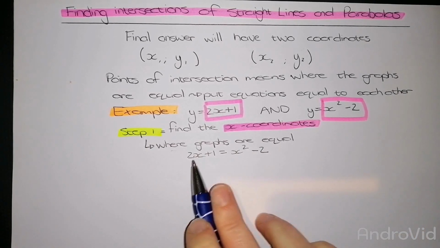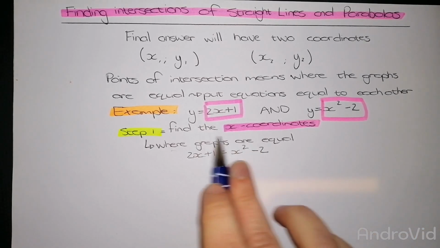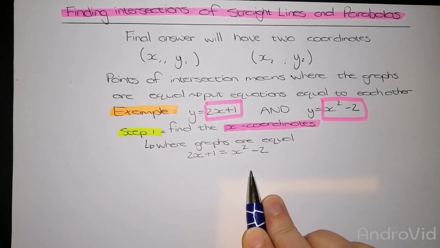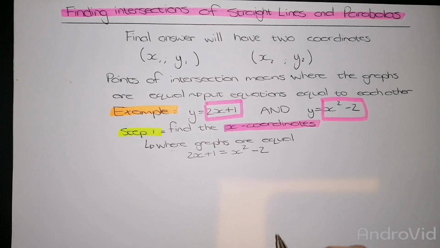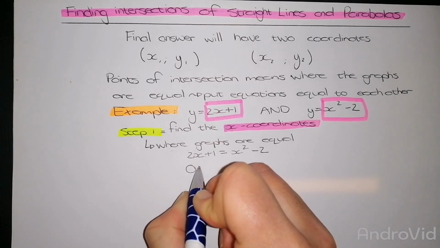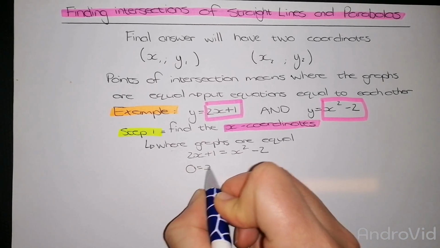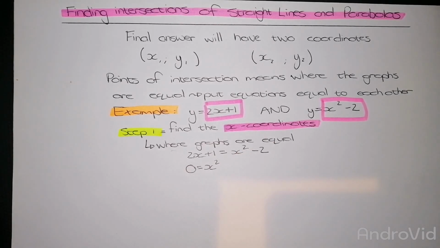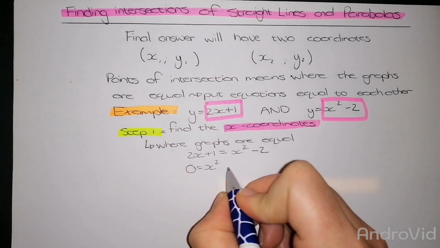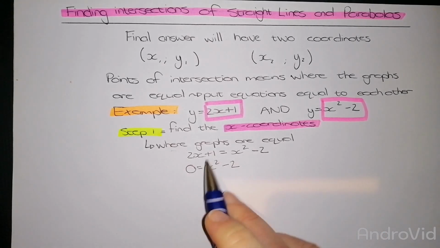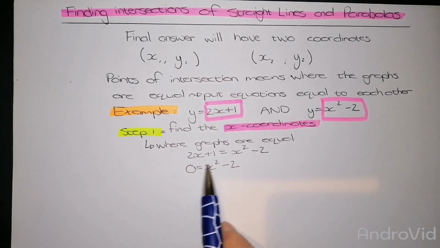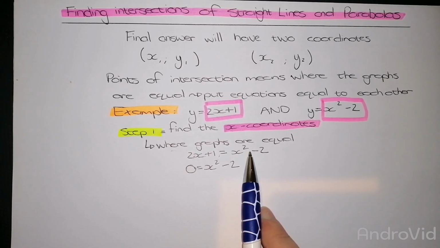For me to find an x value, I need to put all of this equal to 0 as a quadratic equation. So I need to rearrange this. So I'm going to have 0 is equal to, I'm going to keep my right-hand side exactly the way that it is, x squared minus 2. I need to take everything on the left-hand side over to the right-hand side.